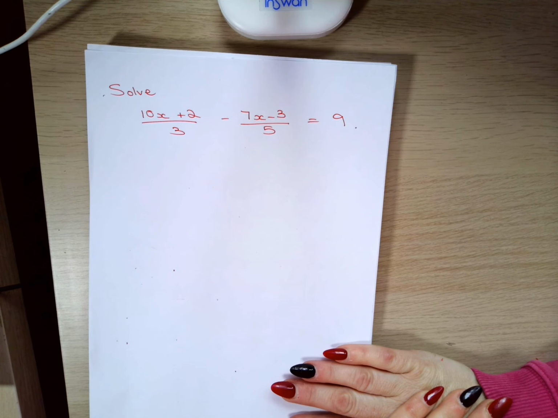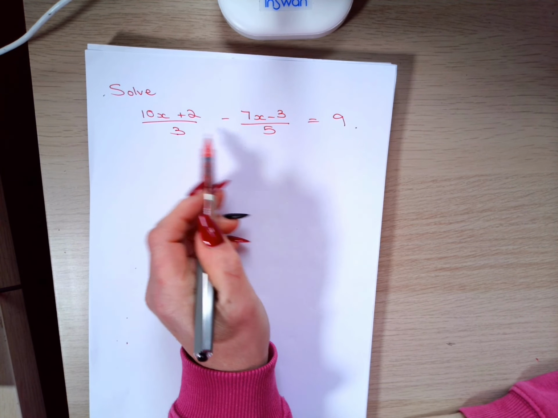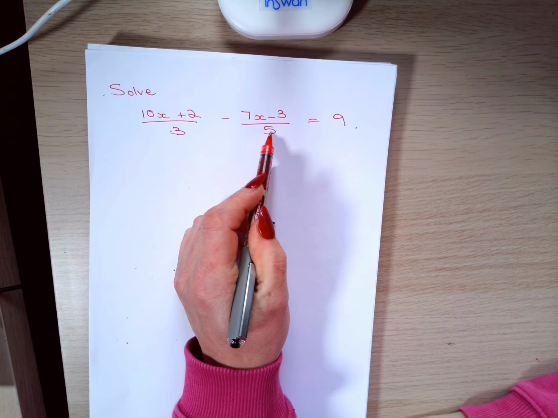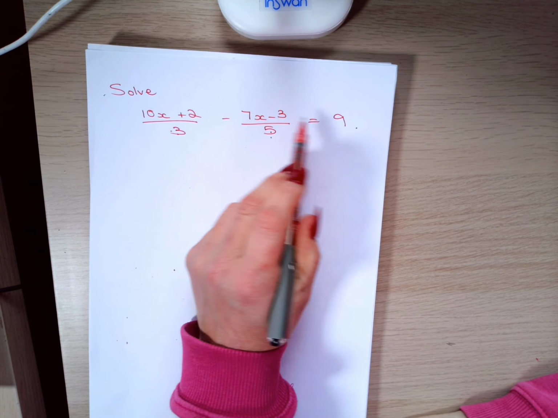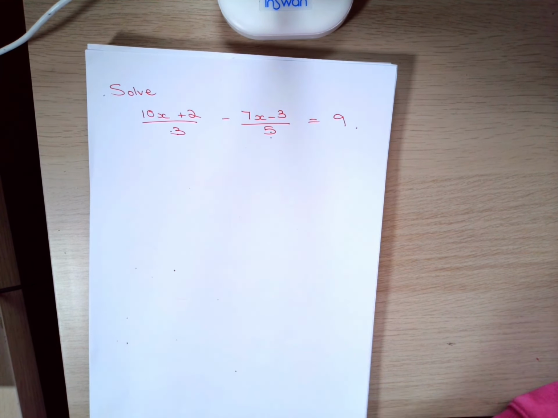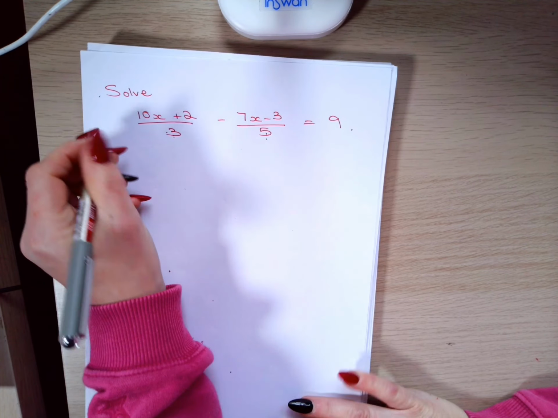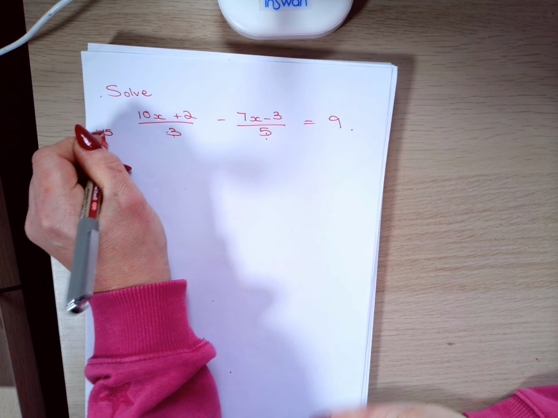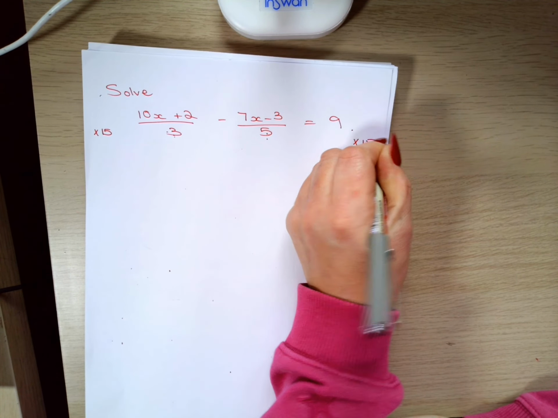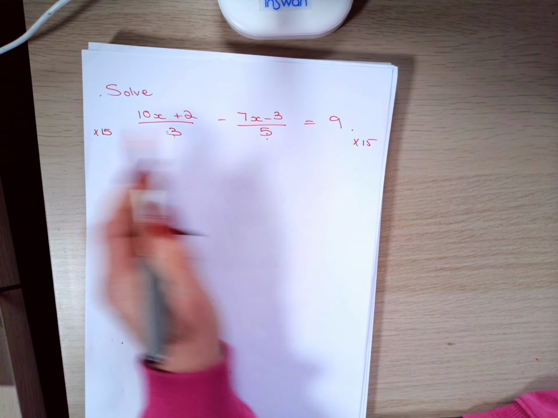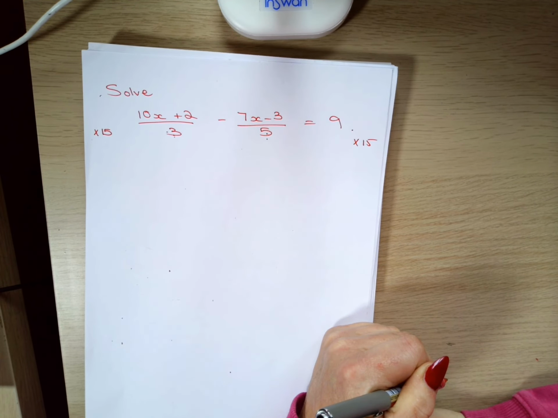Right then. So we want to get rid of these denominators. So we want something that is all on one line with no fraction in there at all. So if I multiply through by those two numbers together, that means I've got to multiply everything, including the middle term as well, by 15.